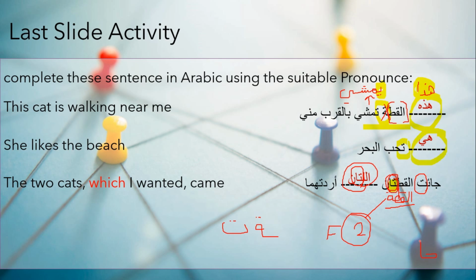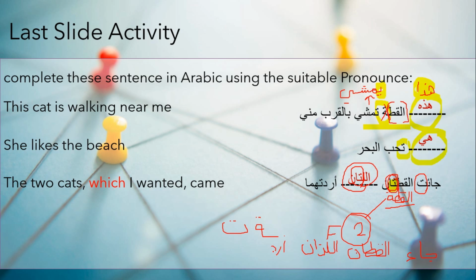First, I will say جاء. جاء is a past tense verb. I'm not using ta because ta here is used only for feminine. And then القطان. I did not use the ta here. I did not say القطتان. I said جاء القطان اللذان.